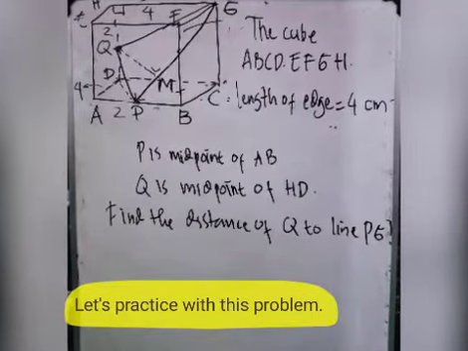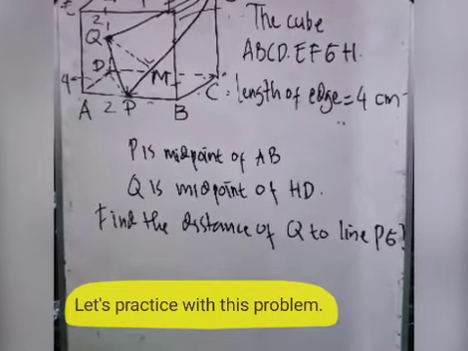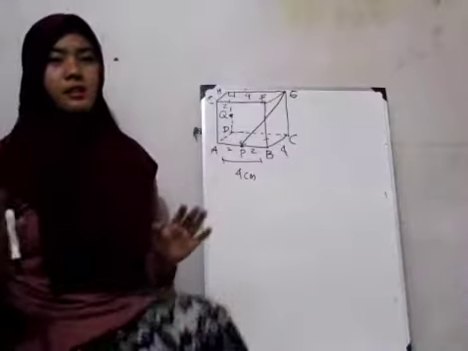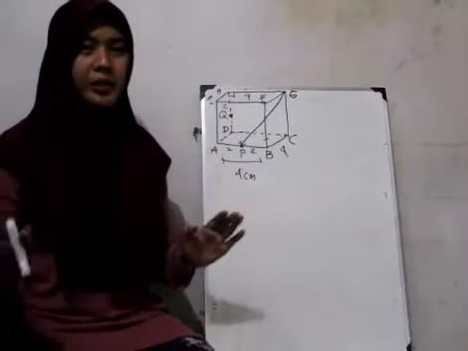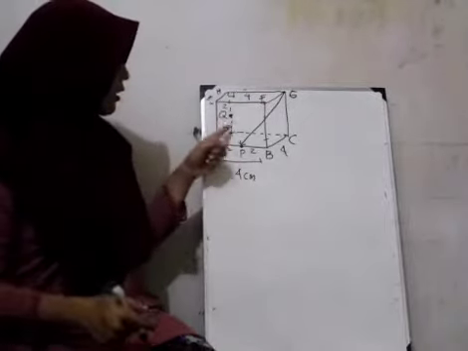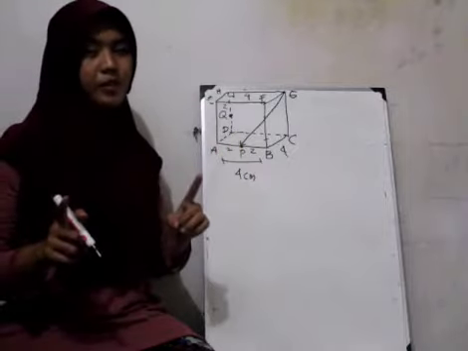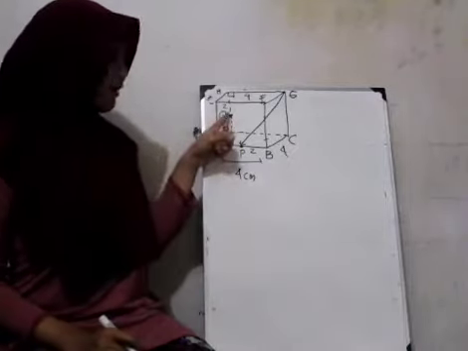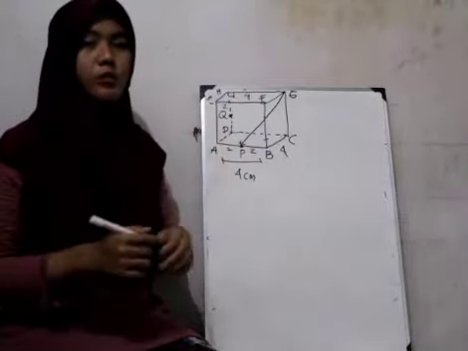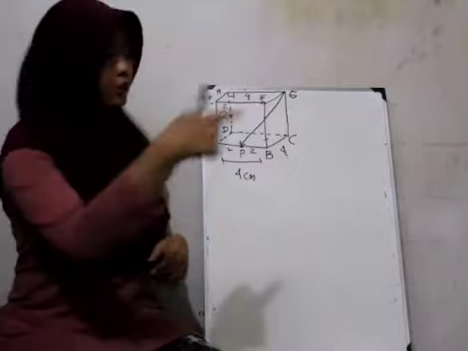Okay, cube ABCDEFGH, the edge is 4, P midpoint AB, Q midpoint HD. Find the distance of Q to line PG. Okay, so everyone, our aim here is to find the distance from Q to the line PG. Don't forget our concept before. If I have the distance from a point to a line, that means I have to draw the projection which is perpendicular to the line.